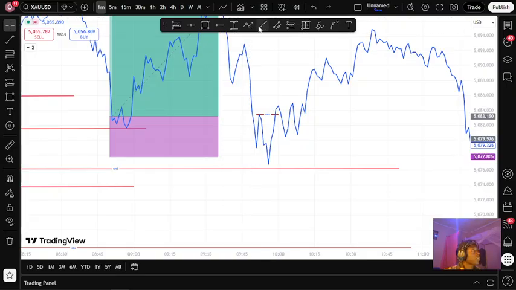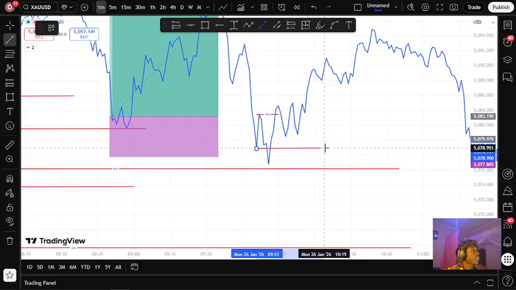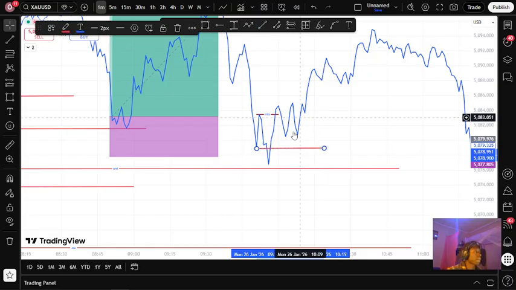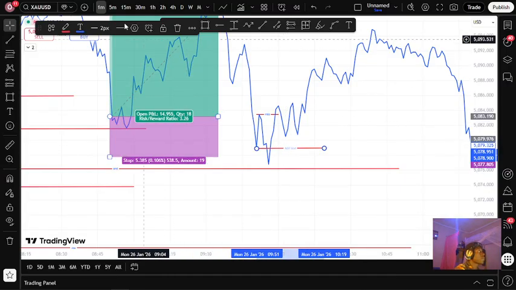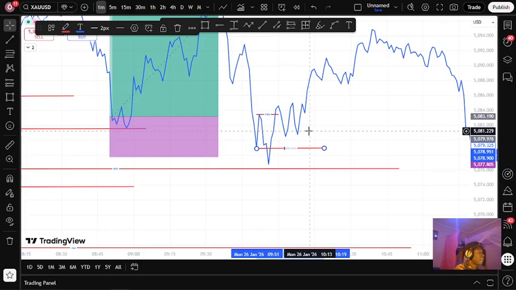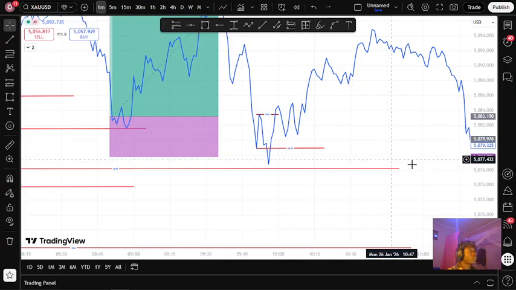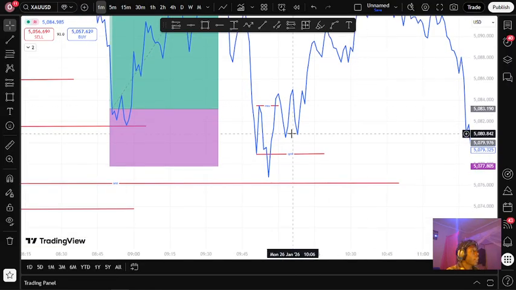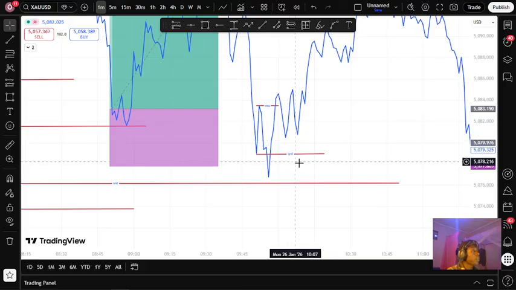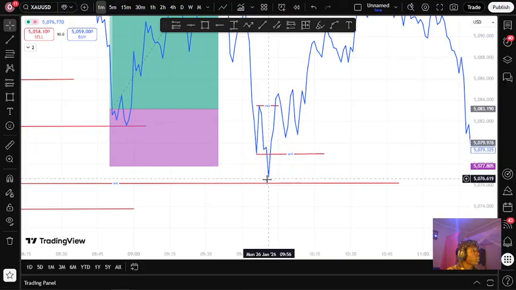At this level, this is the Quasimodo level. You can see this is the liquidity, and the price must mitigate either the Quasimodo or this farthest point.